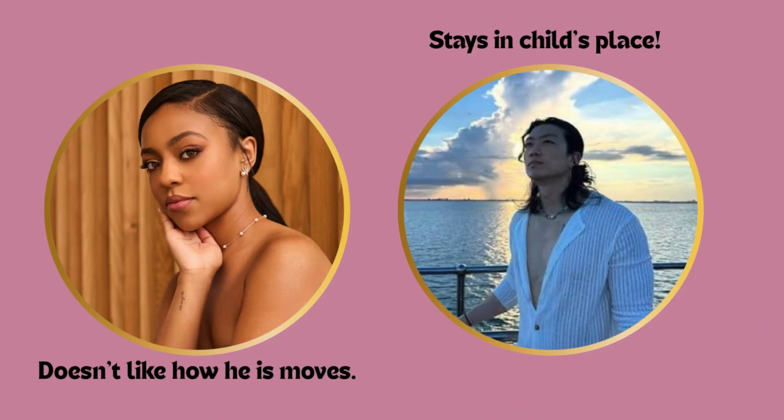Next, these two, I used to have them in ambivalent, but I decided to move them to ops, and this is why. Nikki does not like how he moves. He is strong-willed and he likes to do things his way. Nikki likes to do things by the book. If you tell her this is the way it's supposed to go, that's the way it's supposed to go.